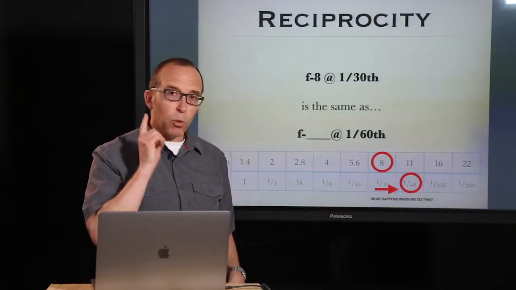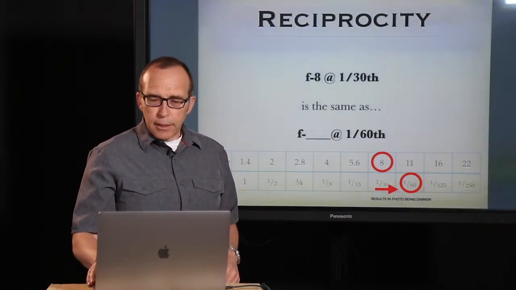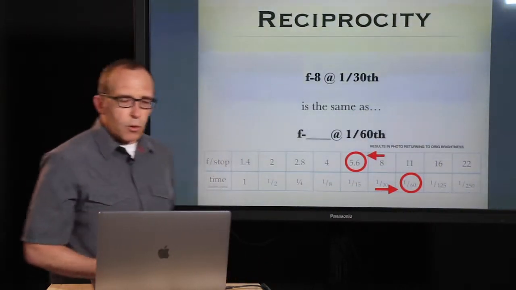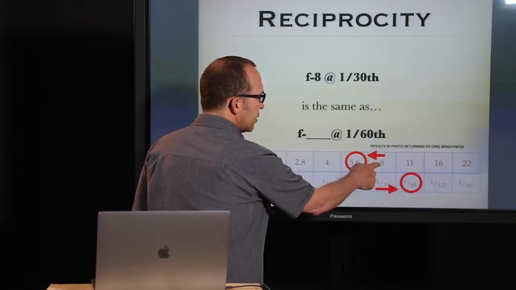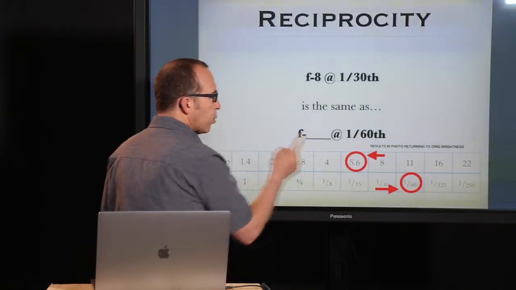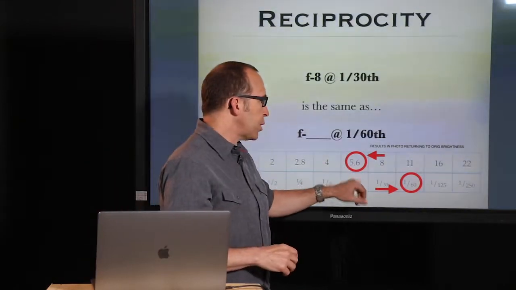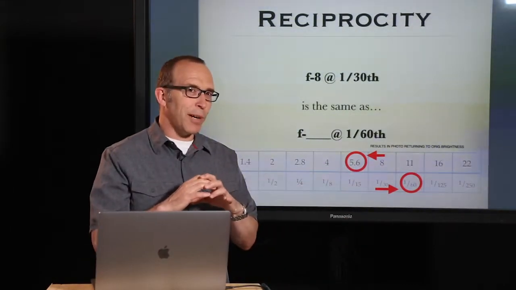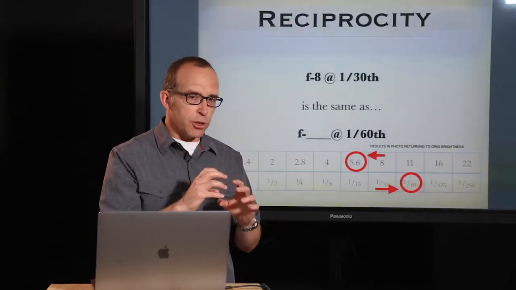Our picture will be one stop too dark. So what we could do to solve that problem is take our aperture and open it by one stop. So going from f8 to 5.6, we opened up our aperture by one stop. So now our picture is back to its original brightness.